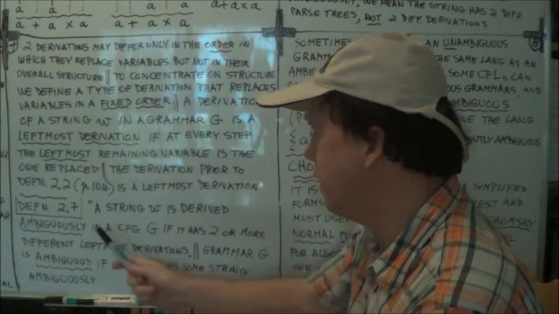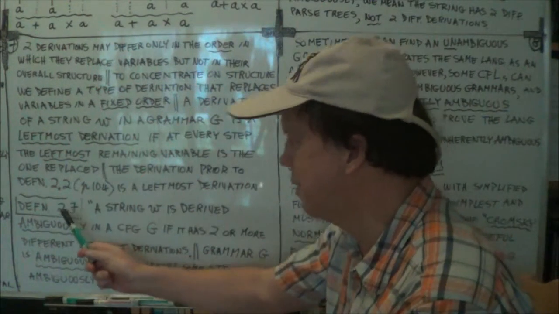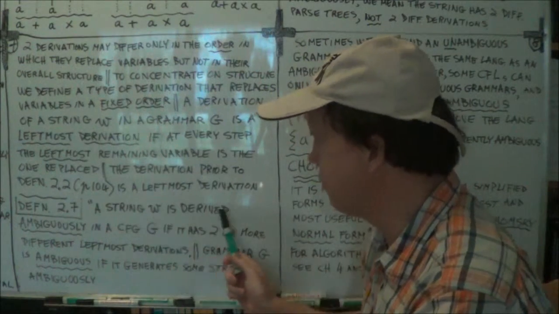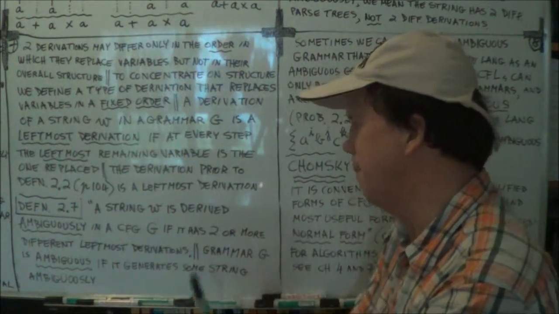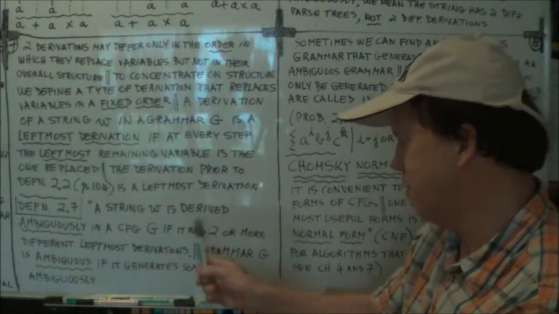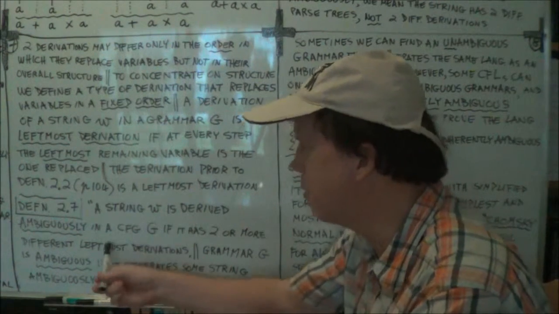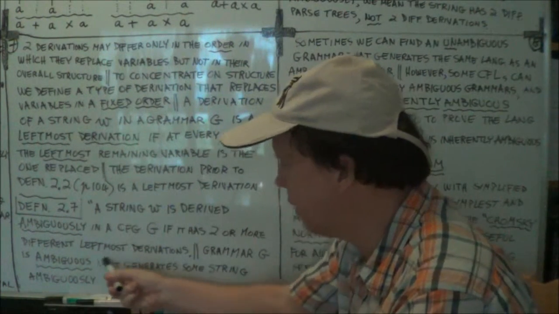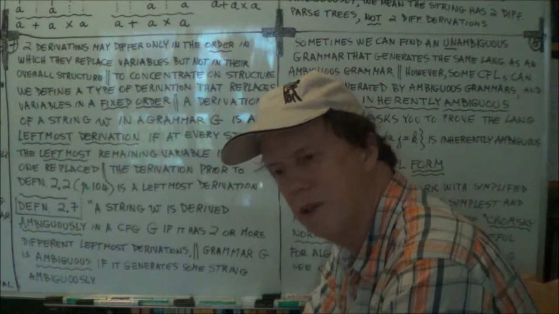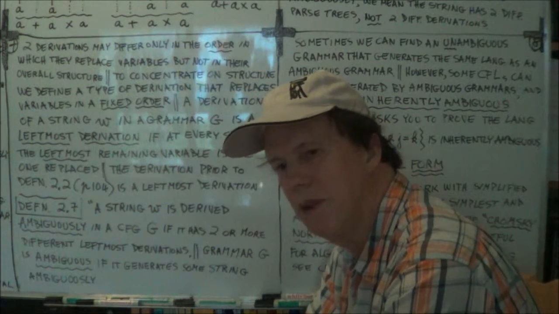Okay, all right. So we can now define formally what ambiguity is. You say that a string W is derived ambiguously if that string has 2 or more different leftmost derivations. So in other words, despite using leftmost derivation, if you still get a string that has 2 or more different parse trees, then you have ambiguity.